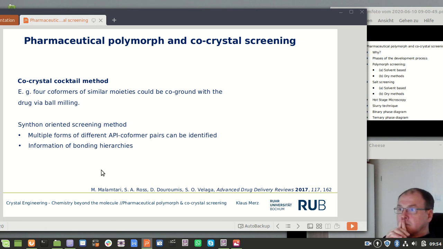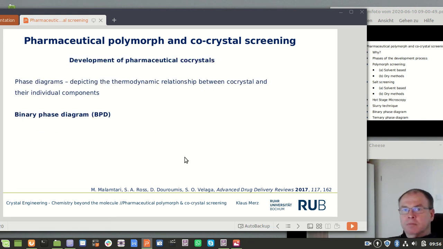But from my point of view, this is only a first identification hint if something happens or not. This is one of the first preliminary steps in co-crystal screening, not more.